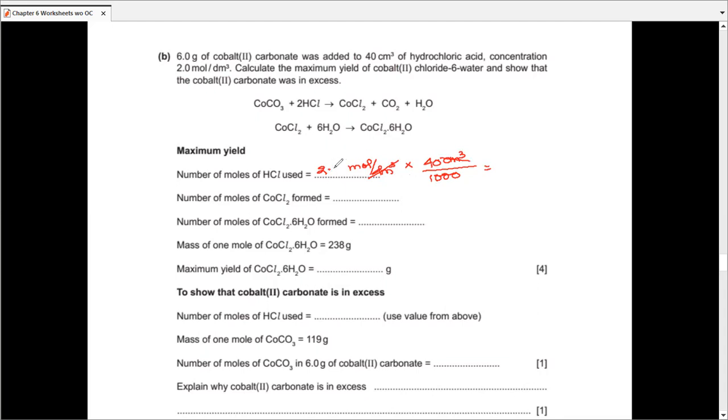So what is this? I guess 8 into 10 raised to power minus 3, or 0.08. Is that correct?